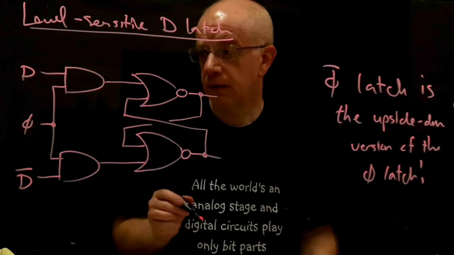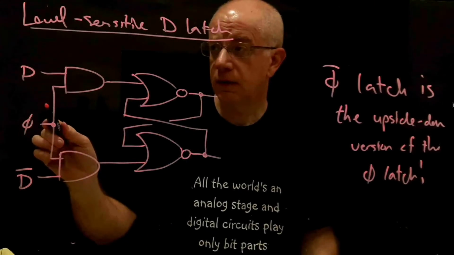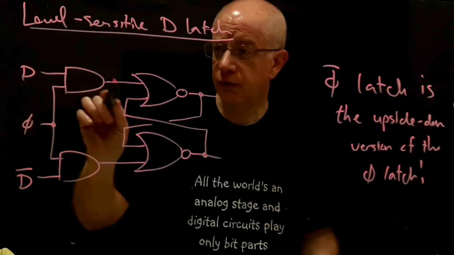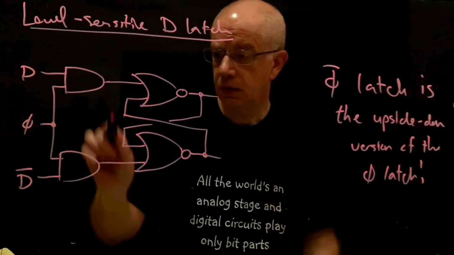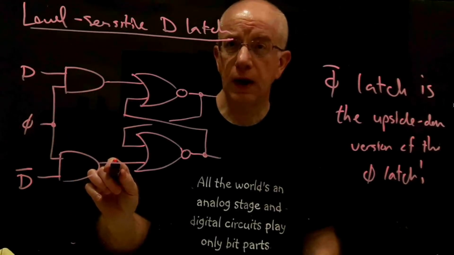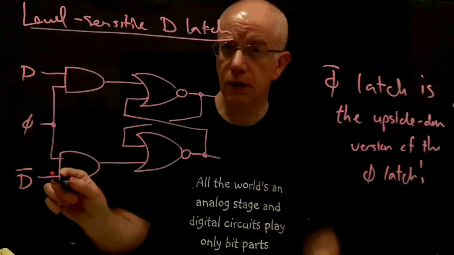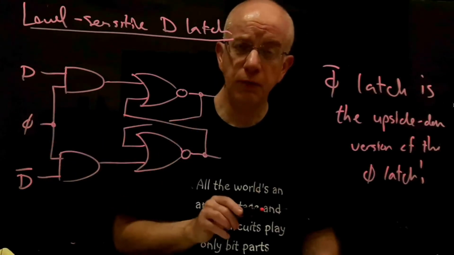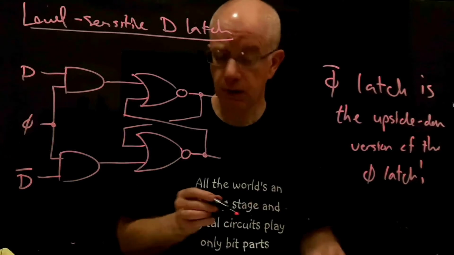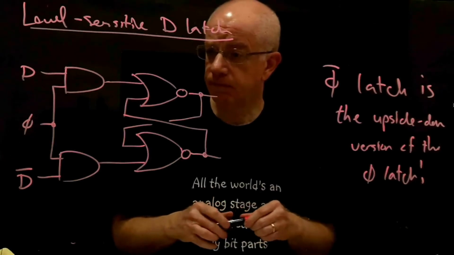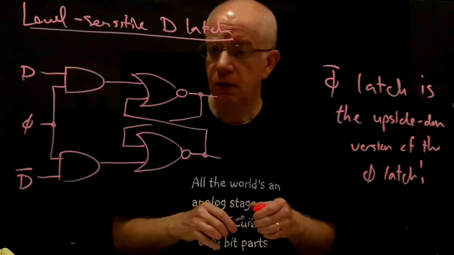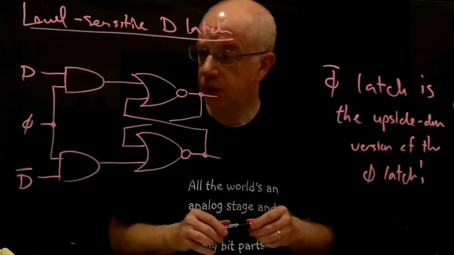But then when phi is high, one of these two AND gate outputs will be high, depending on whether D is high or low, and that will set or reset the output of this latch. Okay, and so let's work out which of these is Q and which is Q bar.